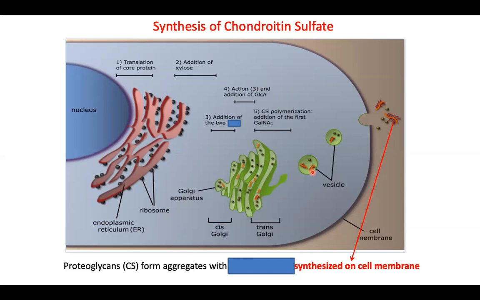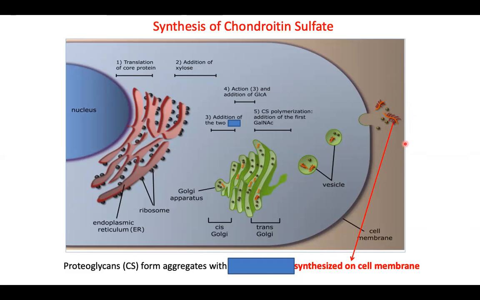I now have my proteoglycan, and I can release my proteoglycan into the extracellular matrix. The proteoglycan is going to non-covalently attach to what? What's the name of that GAG? Hyaluronic acid.